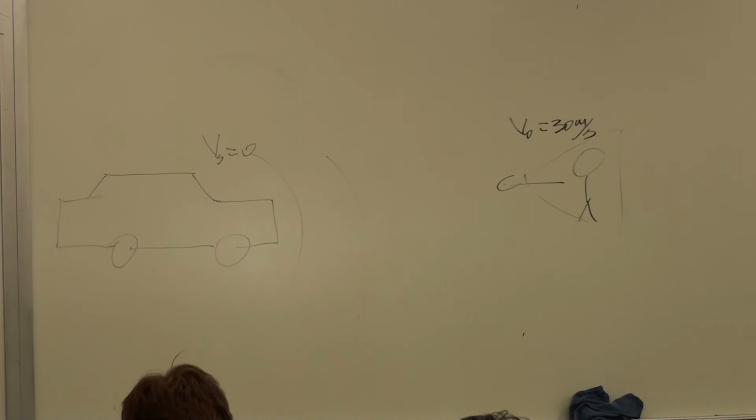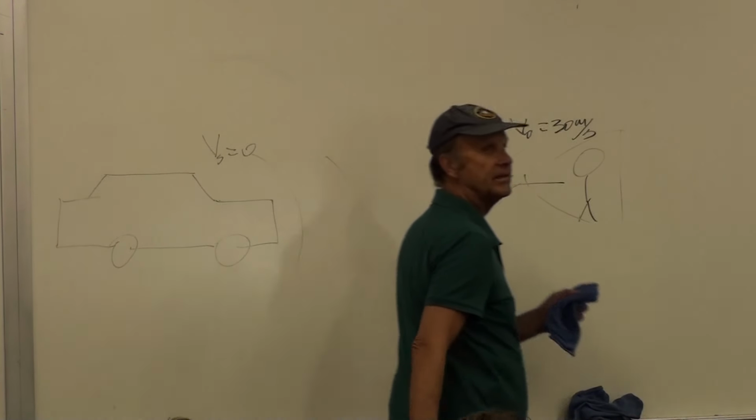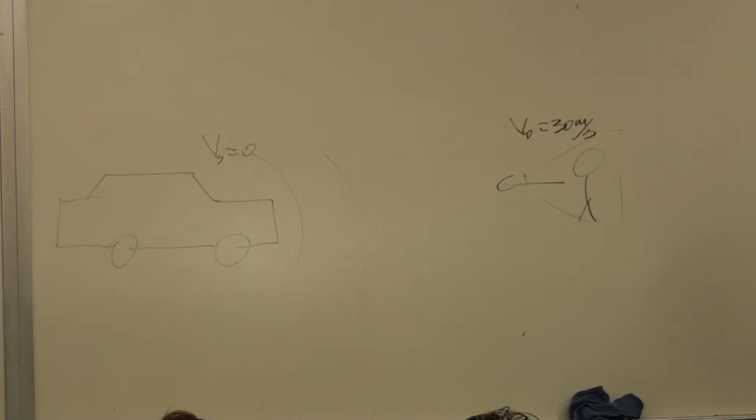And let's just keep that handy here. That was 1097. What you're thinking, perhaps, is that because there's a relative velocity of 30 meters per second, you're going to get the same answer, but you're not going to.